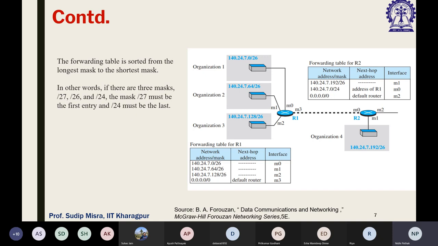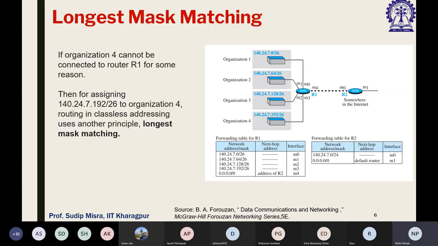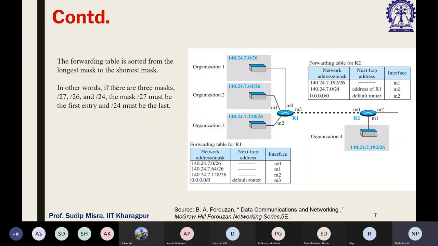Because if you do not do it, and you are not able to aggregate this particular organization, then without the concept of longest mask matching, this one cannot be aggregated with the previous one. So you start matching from the topmost address, and whatever network you get with the maximum match, the packet is going to be sent to that particular network.